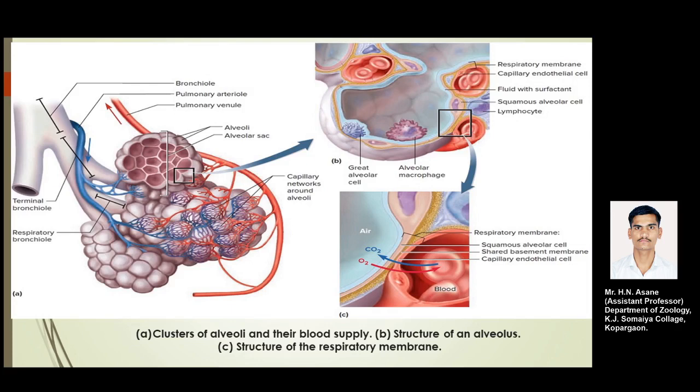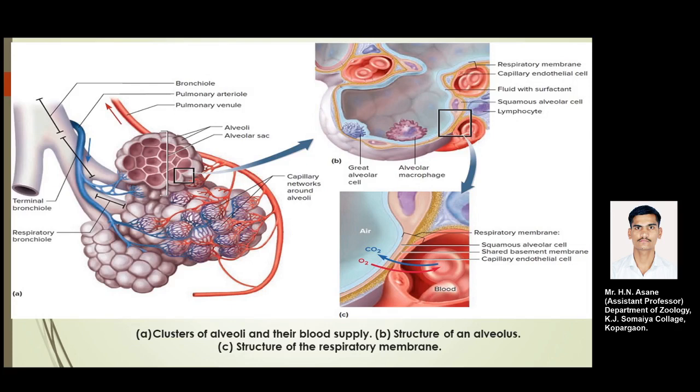The wall of the alveolar duct contains smooth muscle bundles. The reticular and the elastic as well as the collagenous fibers are also present in the alveolar duct, to provide the rigidity as well as the elasticity for those sacs.